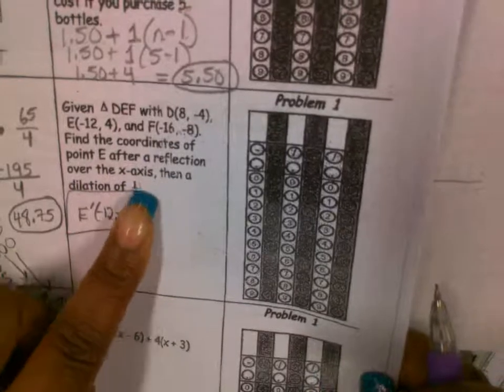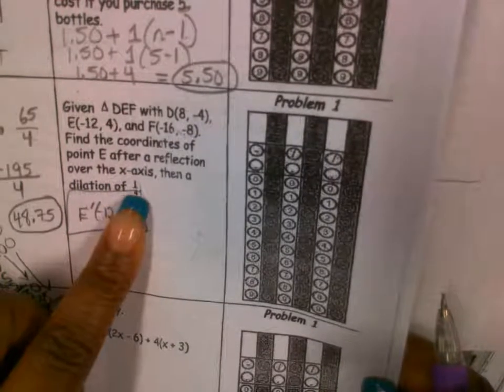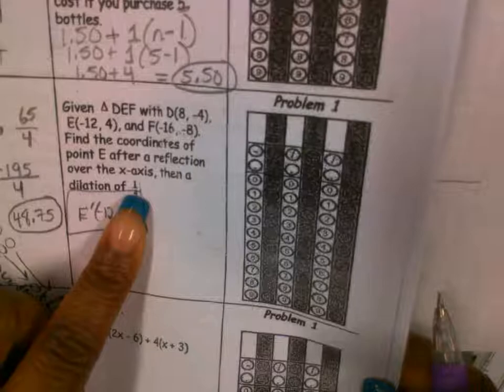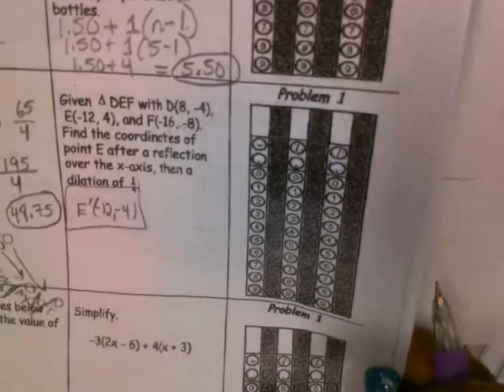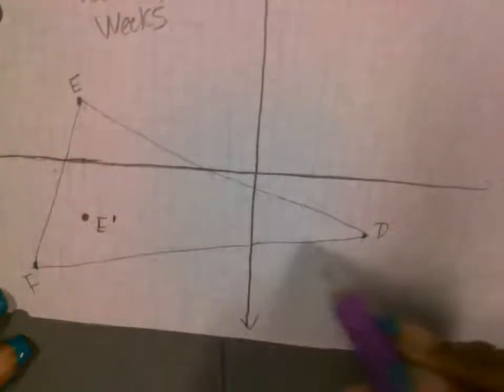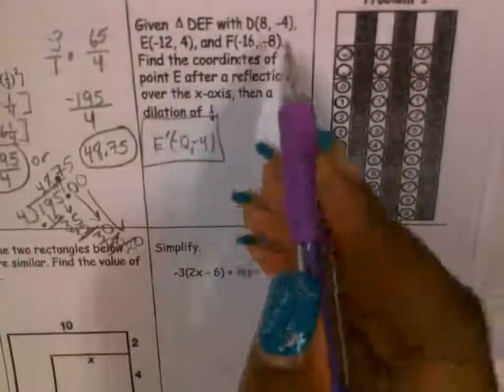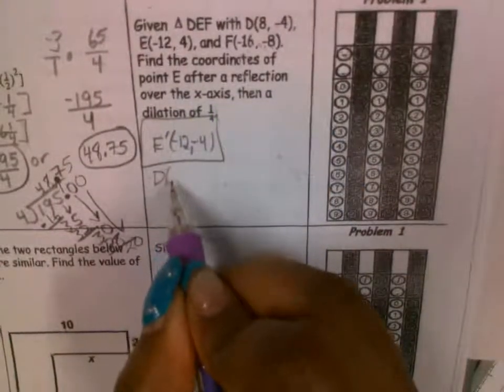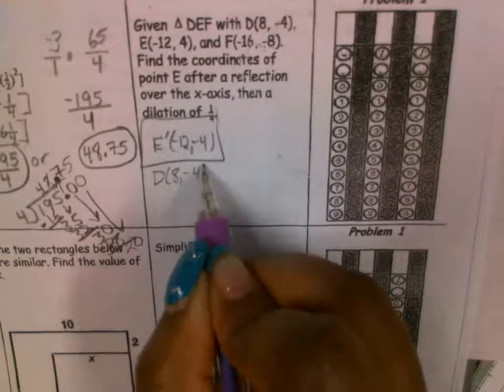The last thing it's asking you to do is to dilate. So that means you're going to multiply the scale factor times each of the ordered pairs. So let's multiply times the original. These are the original here. We have D, which is 8, comma, -4.